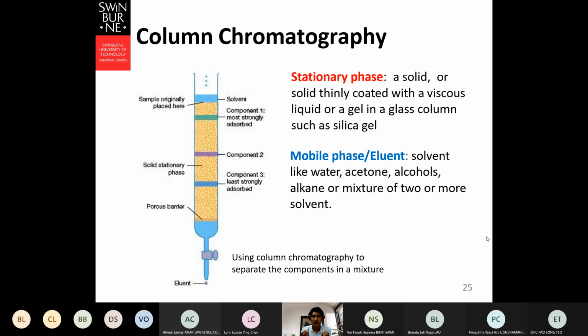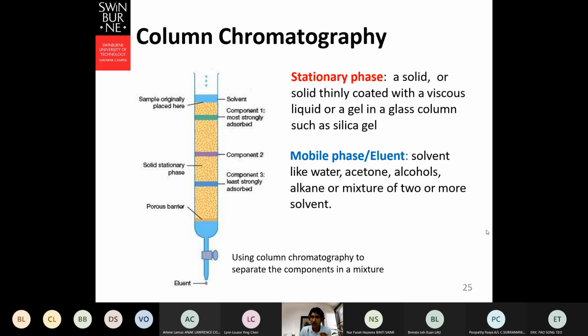In that desiccator, we put silica gel. Silica gel is everywhere in food, and they say do not eat it, throw it. Yeah, it's dangerous. So that silica gel, we put inside as a solid phase. That is the solid phase.